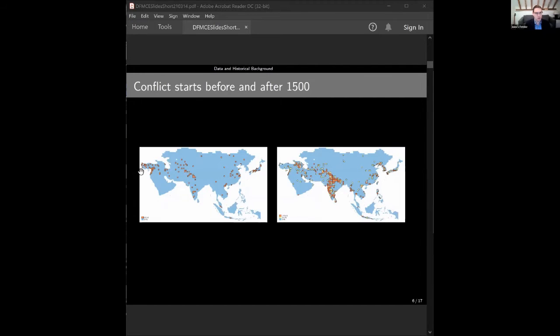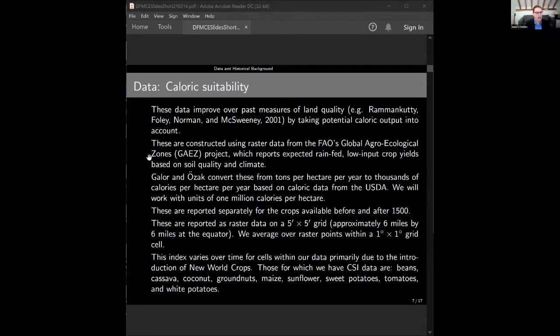For example, you can see the Crusades in our data, you can see the start of feudalism in Japan in our data, but after 1500, you can see the spread of the Mughals, you can see the unification of Japan in the data.